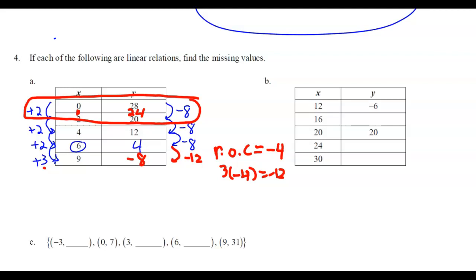Okay, so next one, a little bit different in that we don't have consecutive entries for y. Let's take a look at the x's, what's happening. Up by 4, up by 4, up by 4, then up by 6.